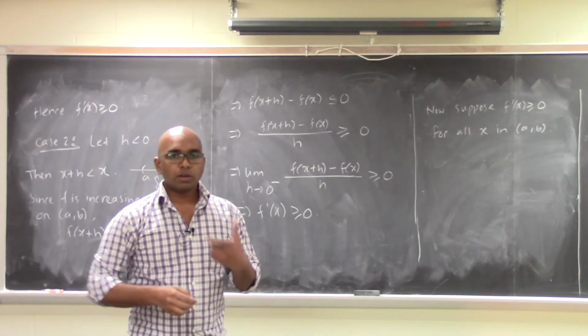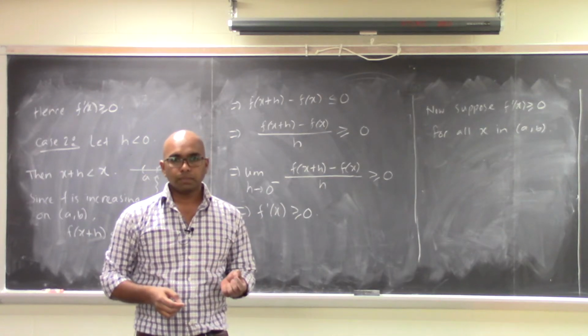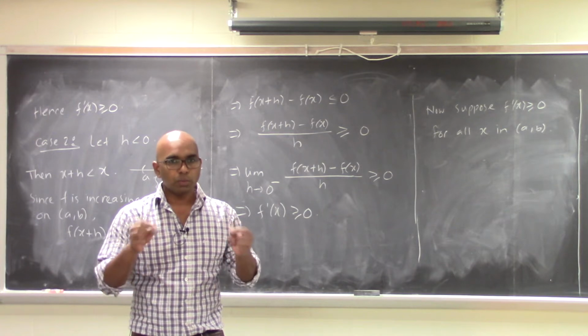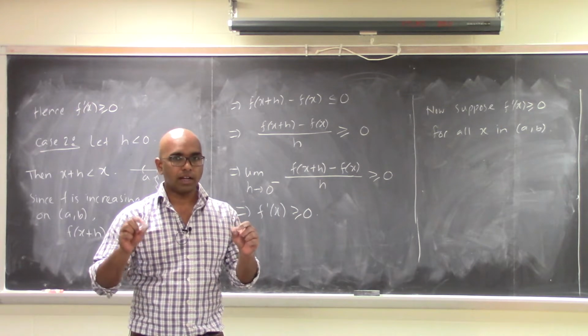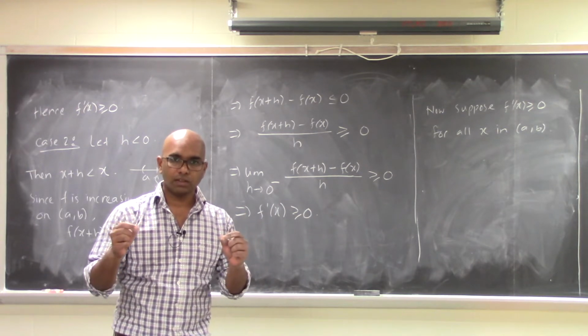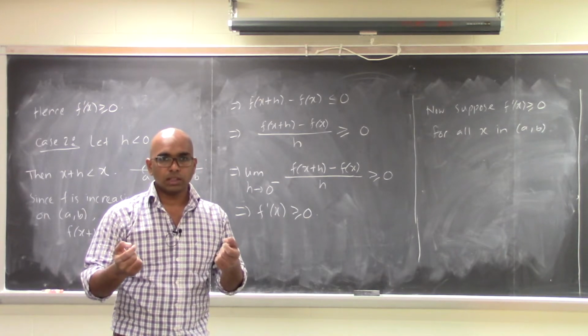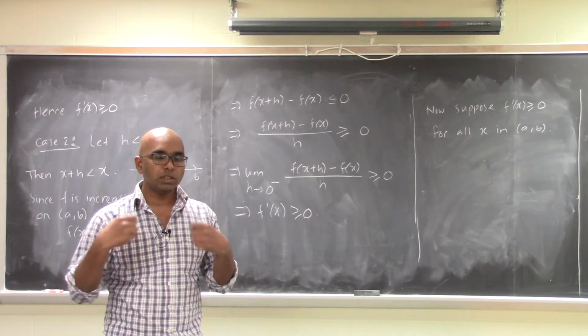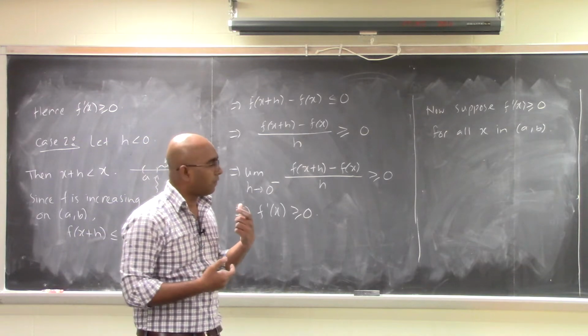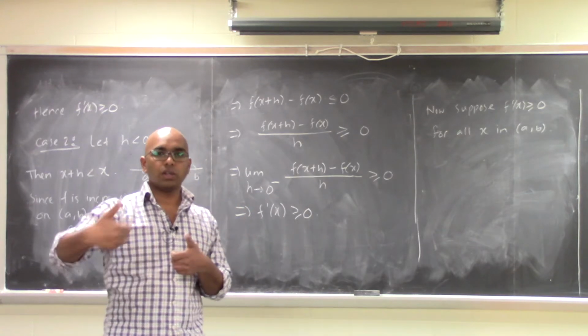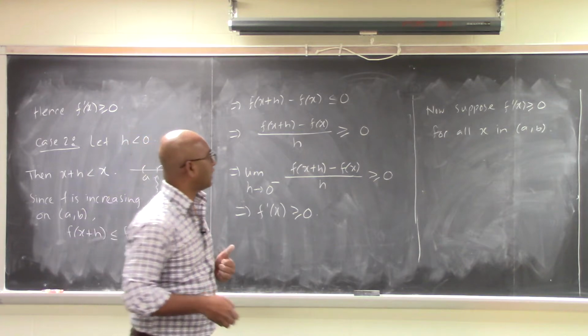Now let me ask you, what is the definition of increasing function? We took 2 points, x1 and x2 from the interval, right? And x1 was less than x2. Then what did we need to show? We need to show that f of x1 is less or equal to f of x2. That's what we needed to show, right?